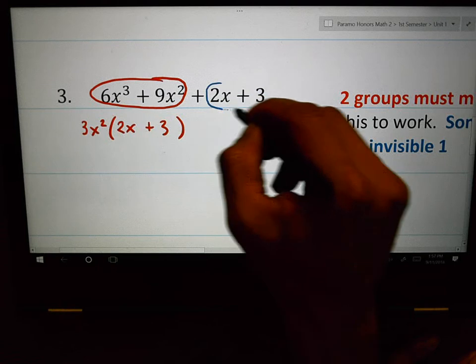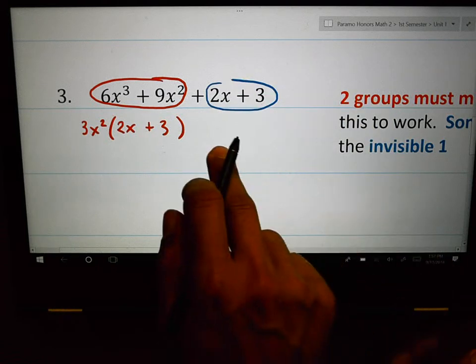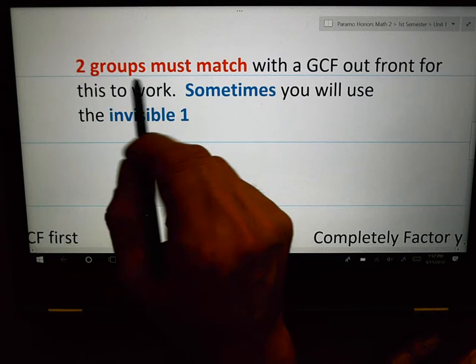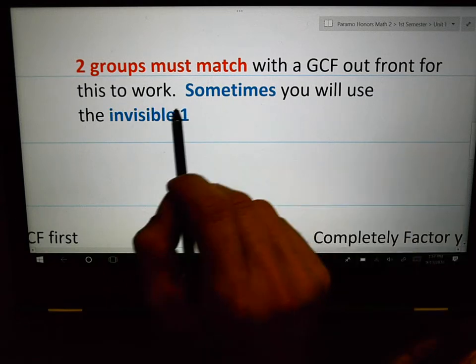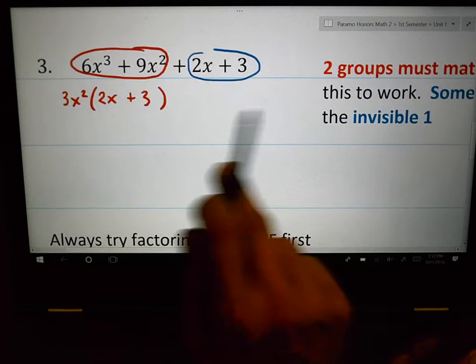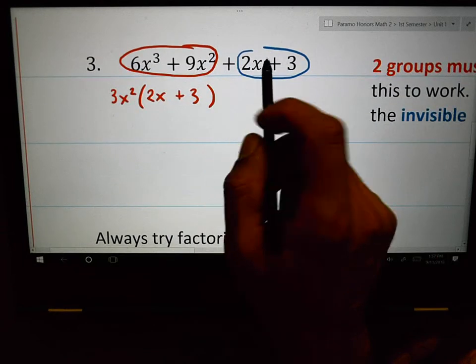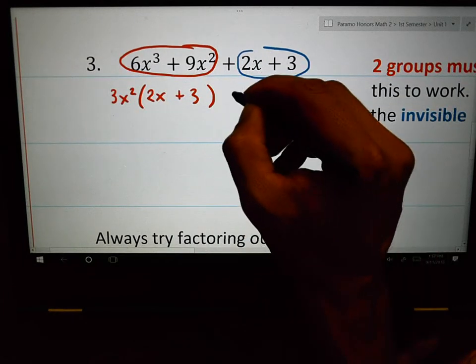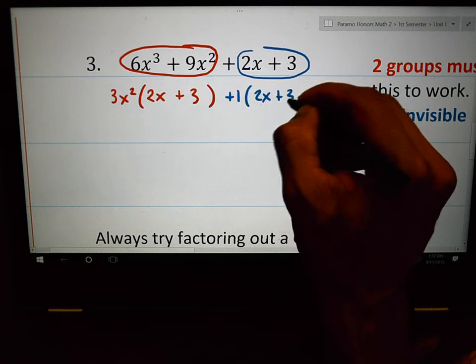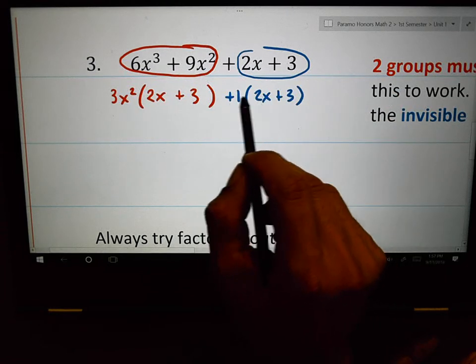I know this is going to be somewhat difficult. That's one of the reasons why I had you write this down. The two groups must match. Sometimes you will use an invisible 1. I want this to multiply to be 2x plus 3. What if I factored out a GCF and this GCF was a 1, like 1 times 2x and 1 times 3?